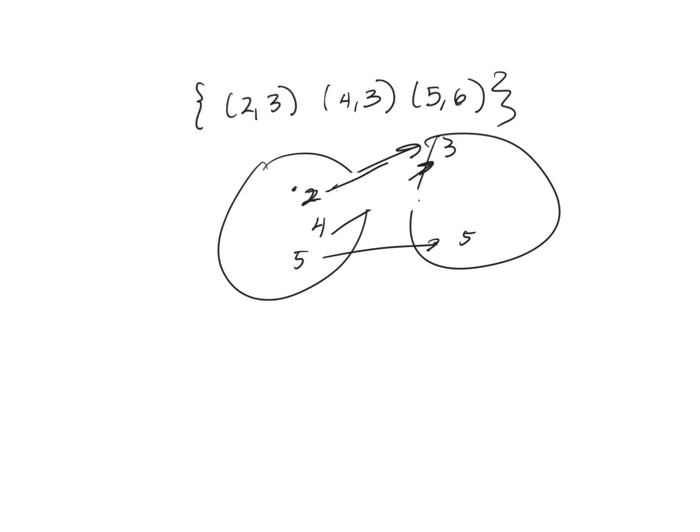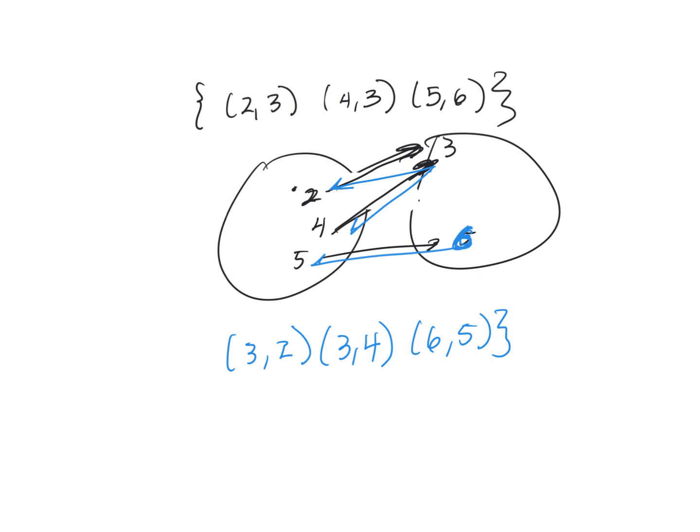So we can have 2 people going to the same place. We just can't have the same person being in 2 different places at once, right? So this is a function. However, if I flip this around, of course it has an inverse, but the inverse is not a function. Should be a 6 there. The inverse would not be a function because when I flip these all around, I have 3 going to 2 and 3 going to 4 at the same time, and that's not doable. That's not okay.